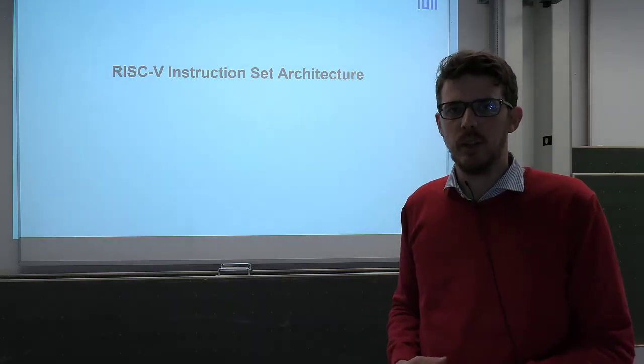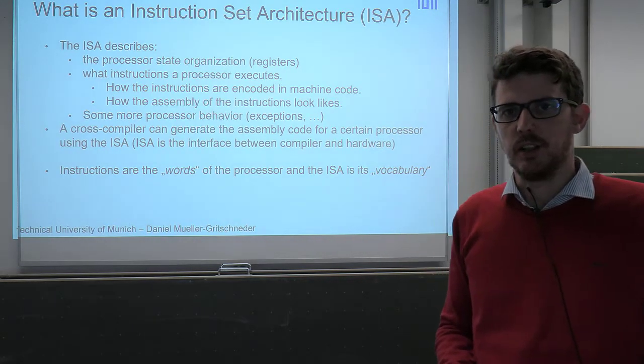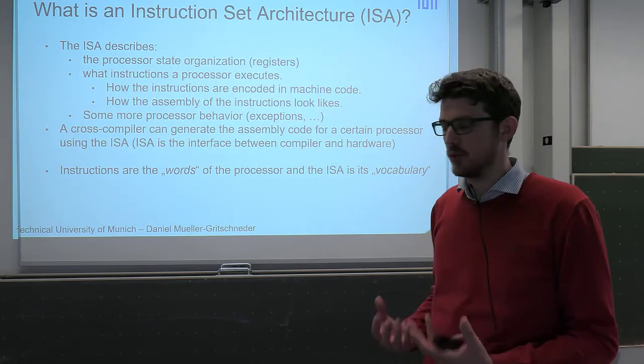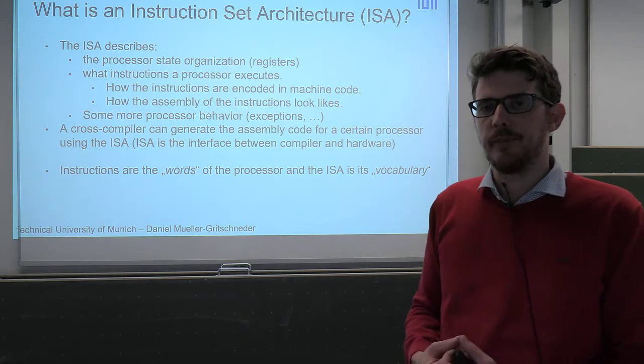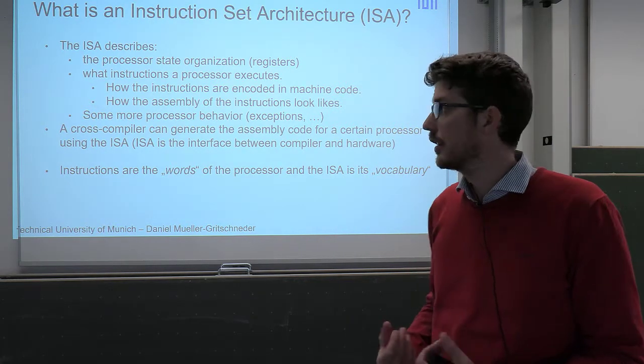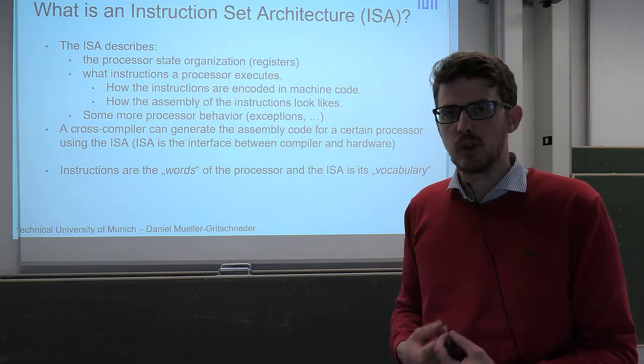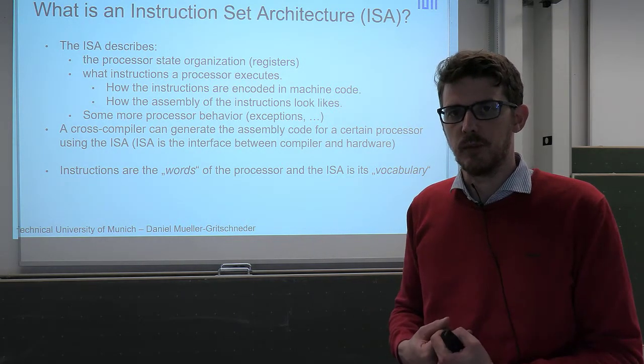So now let's have a look into the RISC-V instruction set architecture. So what is an instruction set architecture? An instruction set architecture describes several components of the behavior of a processor. The first thing it describes is the state of the processor, which usually means what registers a certain processor has.